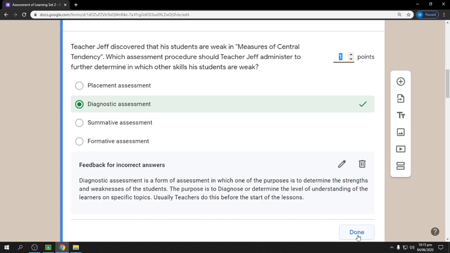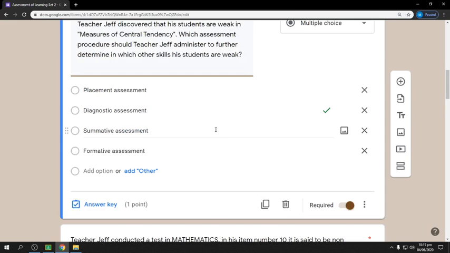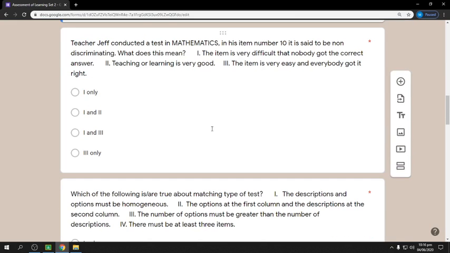There are other types of assessment that we do before the start of the lessons. However, the main difference with diagnostic assessment is that it determines the strengths and weaknesses of the students. That's the keyword there. Let's go on to our next question.